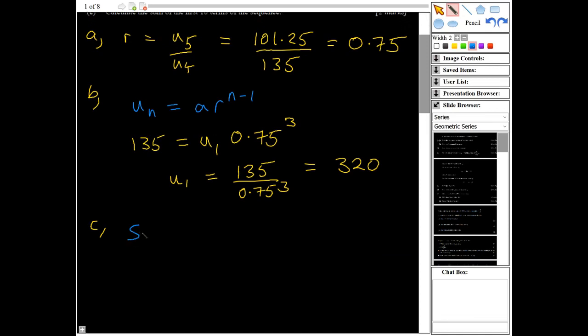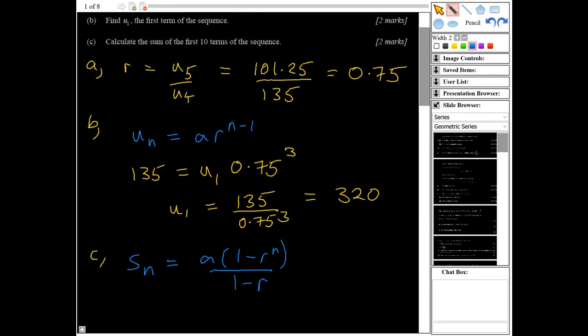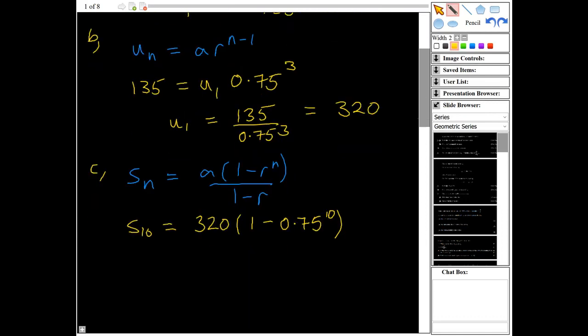So the sum of the first n terms is equal to A, 1 minus R to the power of n, over 1 minus R. So we're going to do the sum of the first 10 terms is equal to A, which is the first term which we just worked out, 320, and then 1 minus 0.75 to the power of 10, and then divide that by 1 minus 0.75.